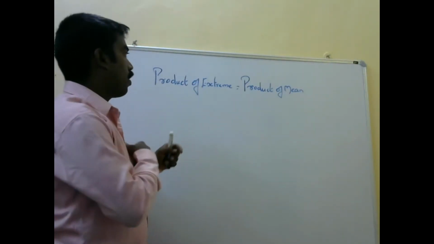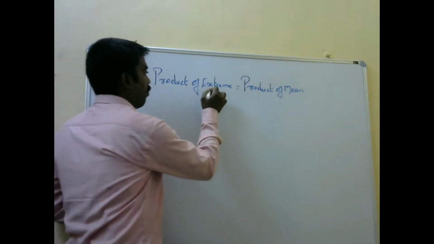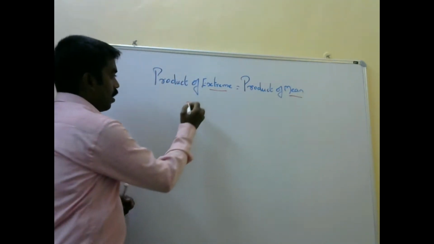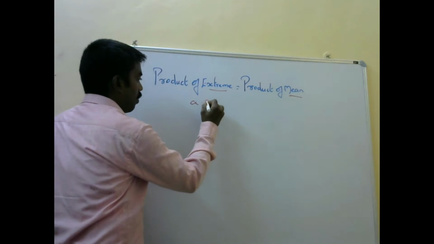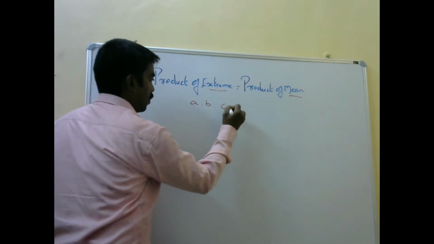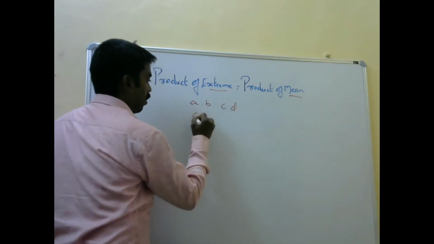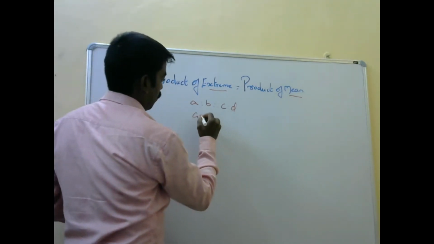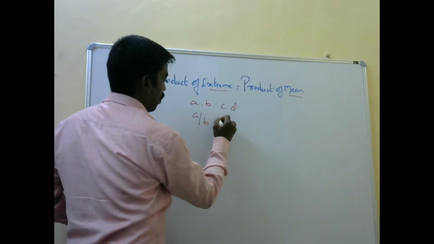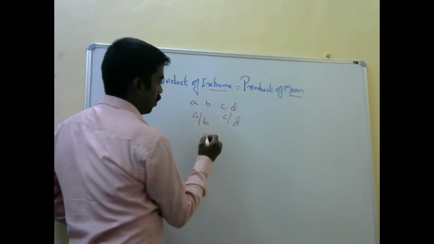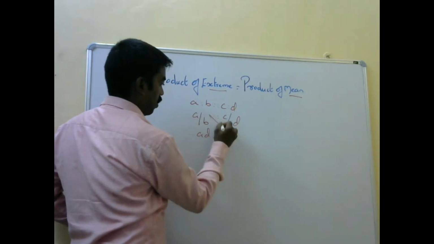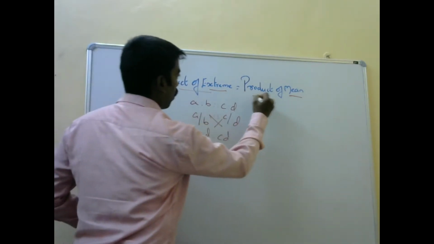We know that the product of extremes is equal to the product of means. If A by B equals C by D, then cross product gives AD equal to BC. This is the product of extremes equal to the product of means.